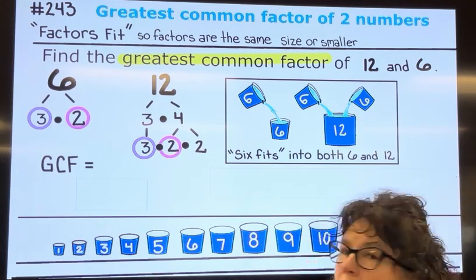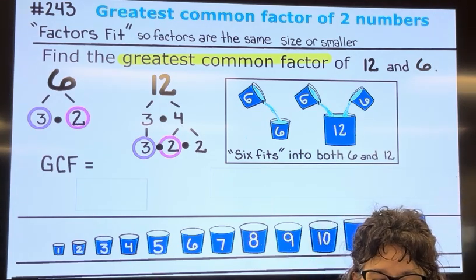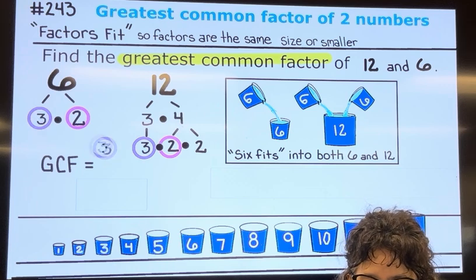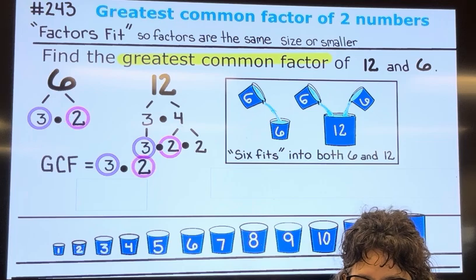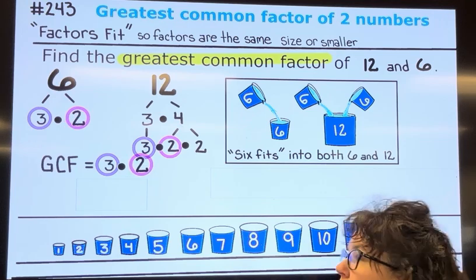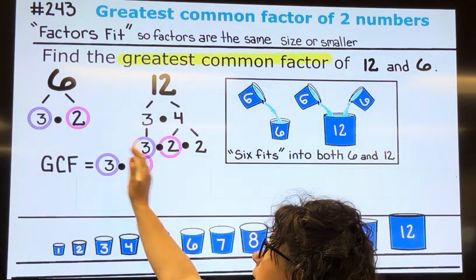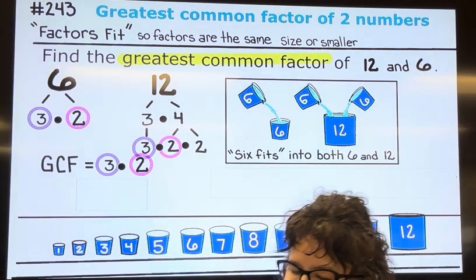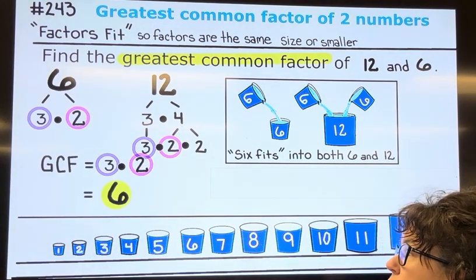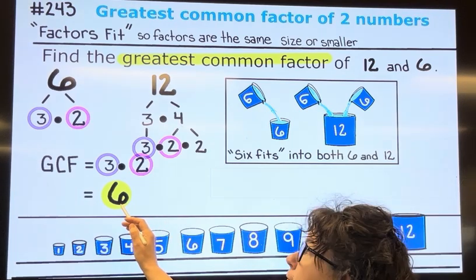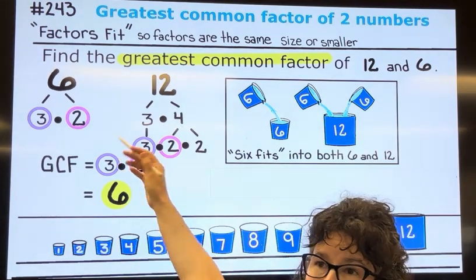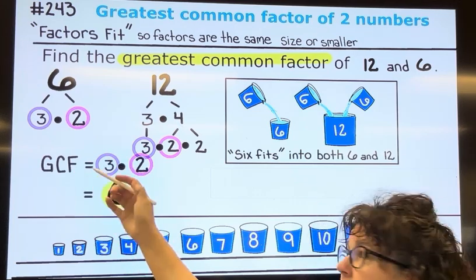So my greatest common factor, writing down the numbers that are the same in both, there's a 3 in both, and there's a 2 in both. There's nothing else in common to both of them, and 3 times 2 is 6. So my biggest number that fits into 6, no surprise, is 6.